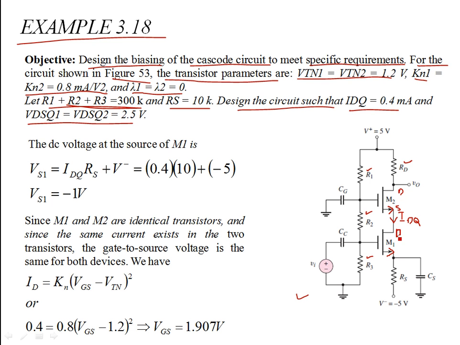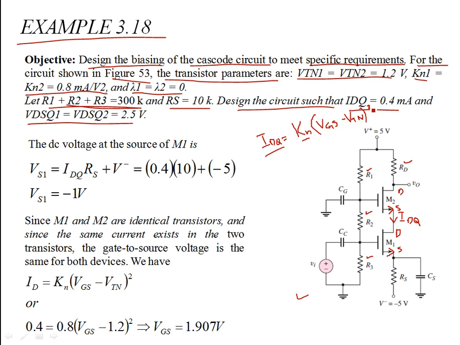So one thing to consider over here is that if this configuration is to be operated as an amplifier, then your IDQ is the same for both transistors, since the transistors are identical. For identical transistors, we have the same conduction parameter, and then in the saturation region the IDQ, since it's independent of VDS, is proportional to (VGS minus VTN, the threshold voltage) whole squared, which is again the same for both transistors.